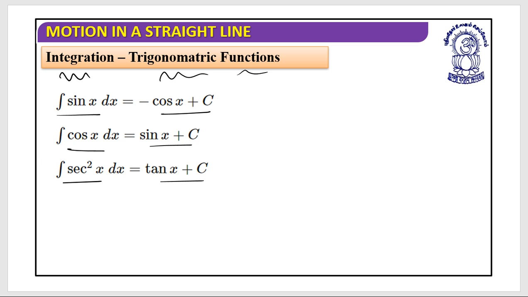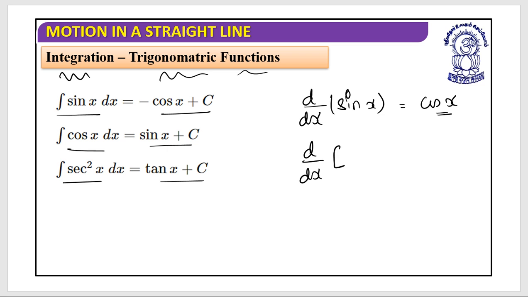If you want to recall the relations with differentiation, let's have a look. What was d by dx of sin x? Yes, it is plus cos x. Then d by dx of cos x was minus of sin x.